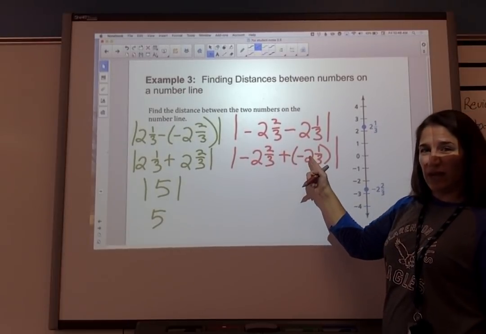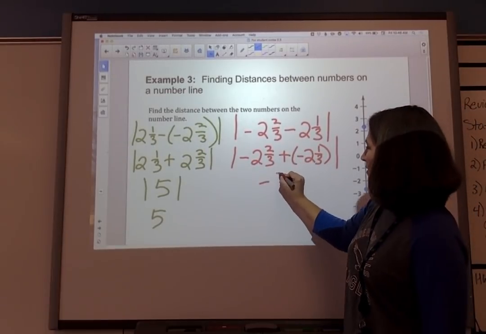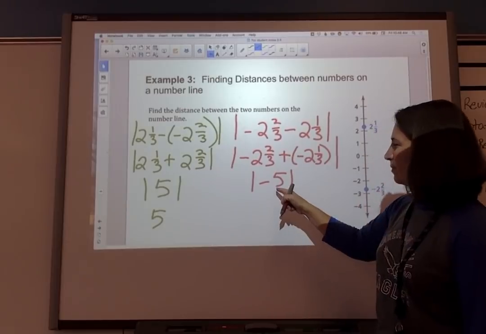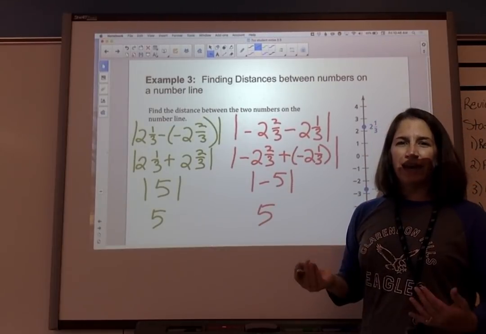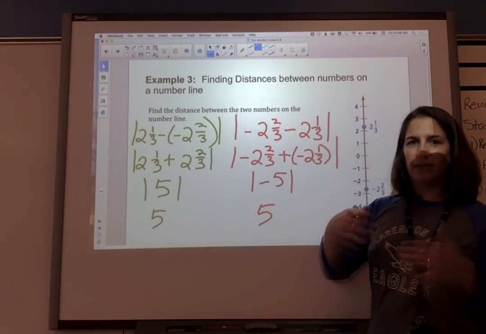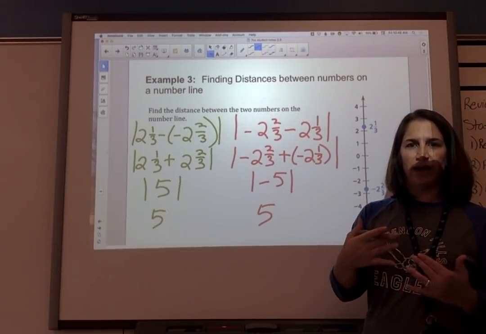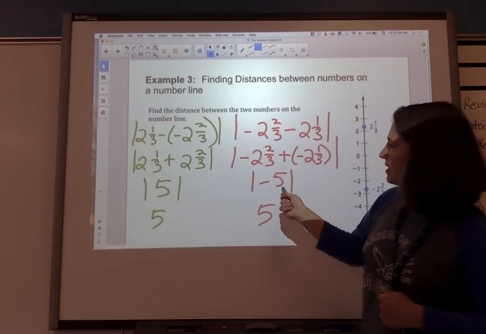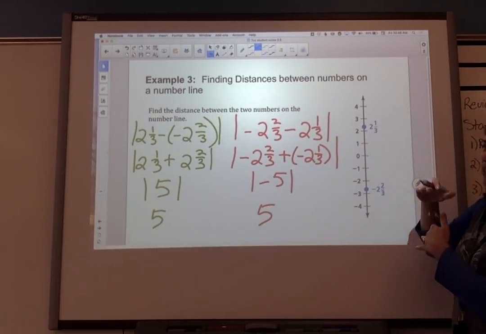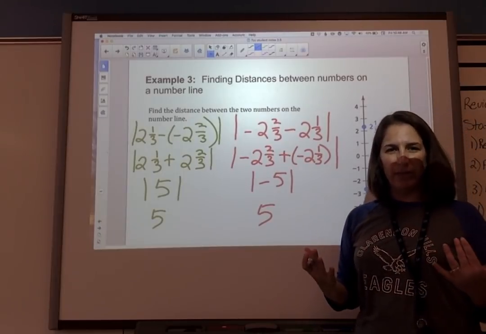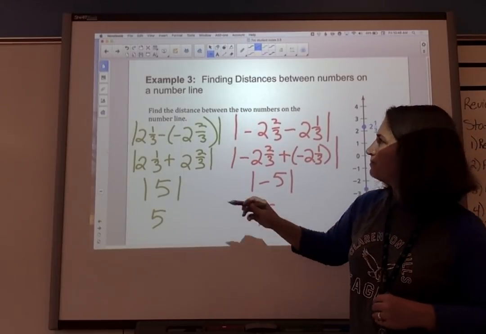When I add these two negative numbers, I get negative 5, but the absolute value of negative 5 is 5. So we got the same thing either way, depending on which number we subtract from which number. But as long as we take the absolute value, we'll end up with that distance. Because when we're talking about distance, it wouldn't make sense to have a negative distance.